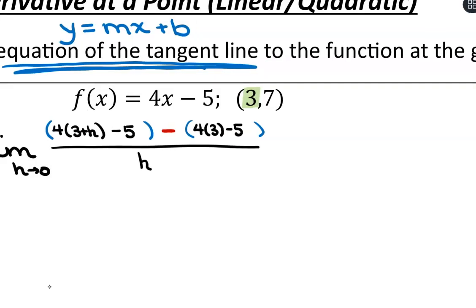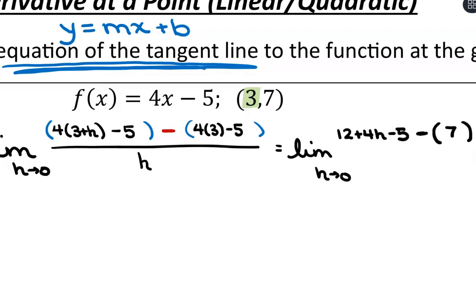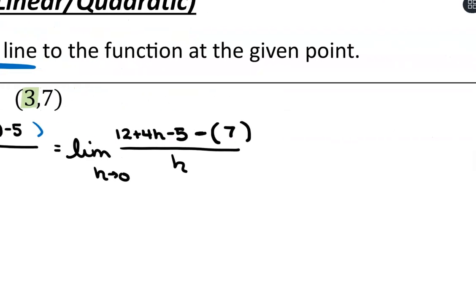So my next step here would be limit as h approaches 0, and I'll go ahead and distribute that 4 in, so that'll be a 12 plus 4h minus 5, and then I'm going to go subtracting. I'm going to keep those parentheses there, so 4 times 3 is 12, minus 5 is 7, all over h.